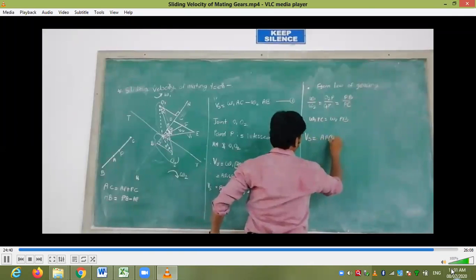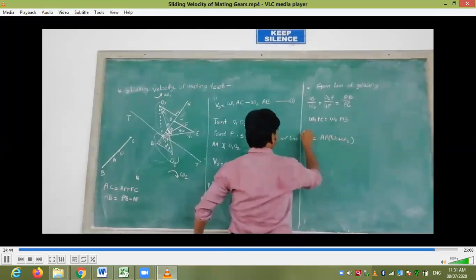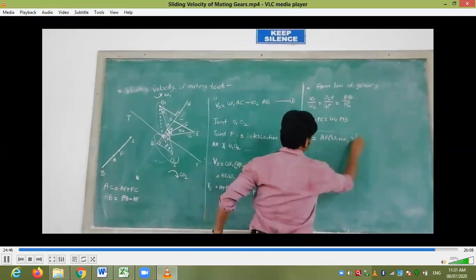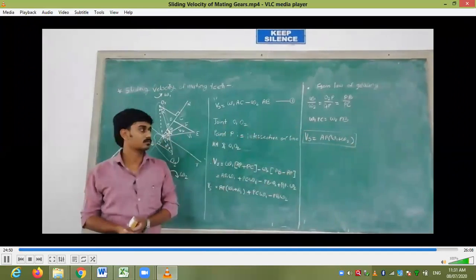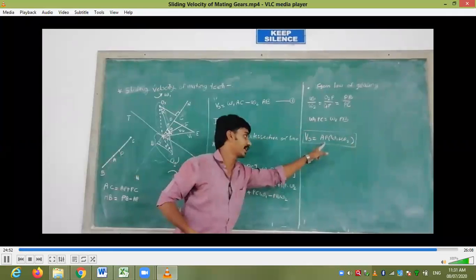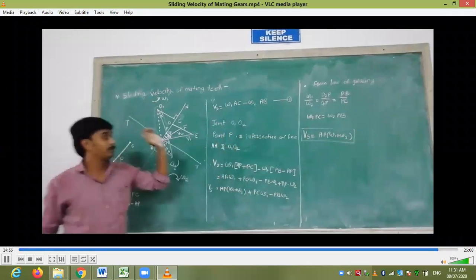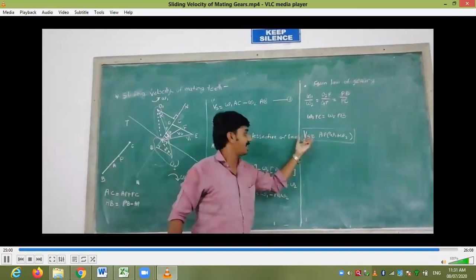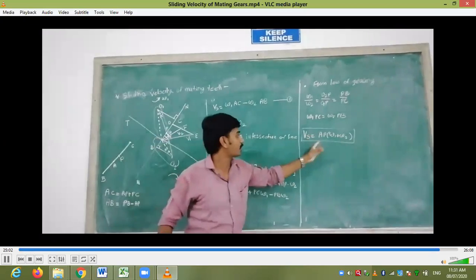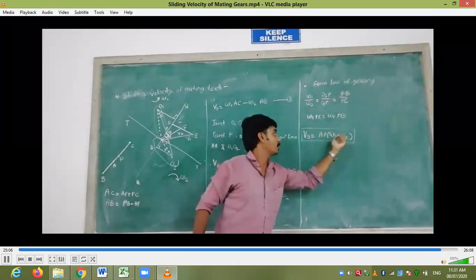AP into omega 1 plus omega 2. And this is the equation for the sliding velocity of two mating teeth. From this equation, the velocity of sliding is the product of two terms, that is AP and omega 1 plus omega 2.